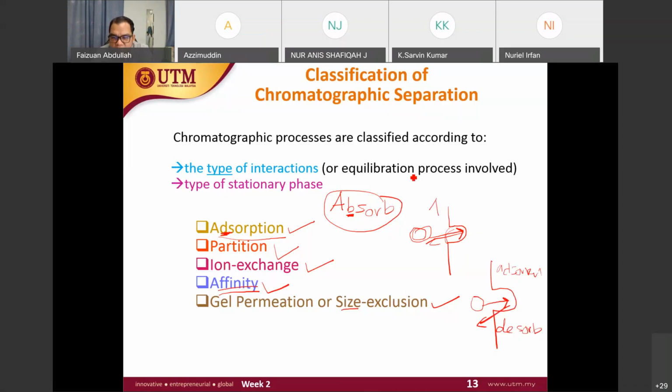If this one absorbs, it will never be released out. It will be forever there. But adsorb, it will be released out again. So if we use absorption in the stationary phase, it's not suitable because our analyte will never be released out from the column. It's still there.